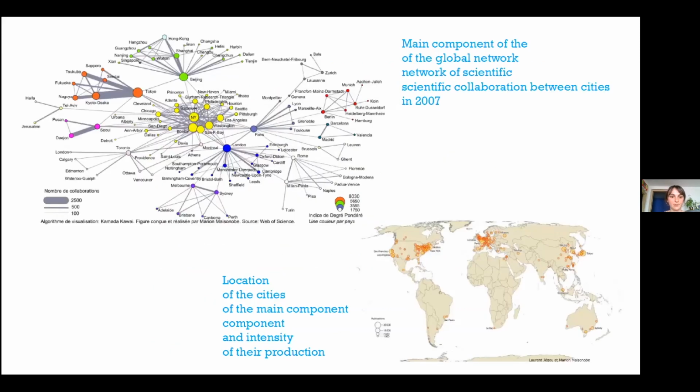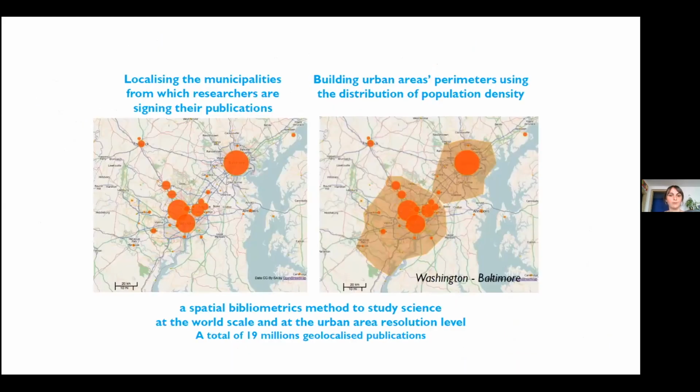So here is the network we get looking at co-authorship, when authors from different cities co-author papers, and also the map of the 200 cities that are the most involved in collaboration, with the highest number of collaborations.